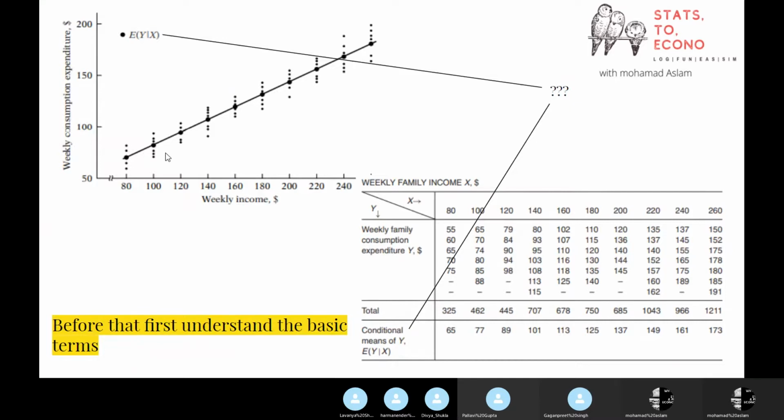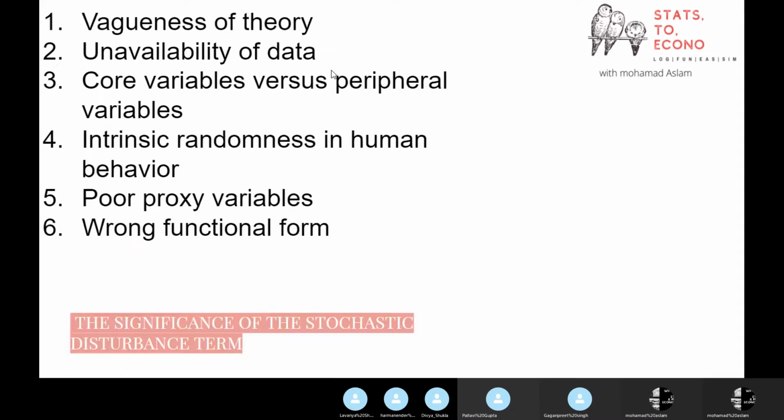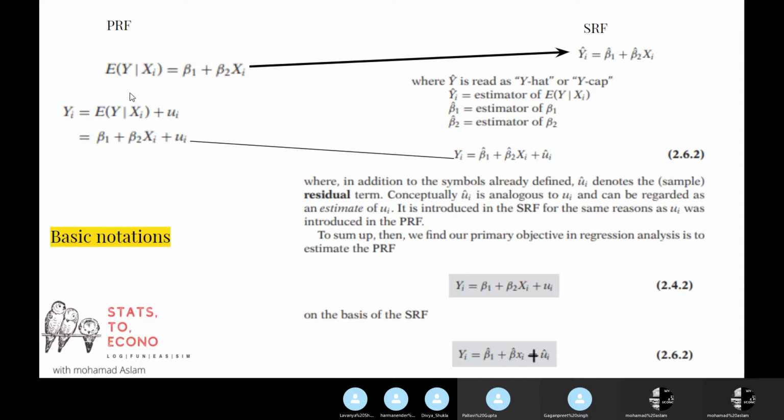Get this idea: these regression values, this expected value of y, come from three terms. If you know the value of the intercept and the slope, and you put in the x value, then you will get the expected value of y given x i.